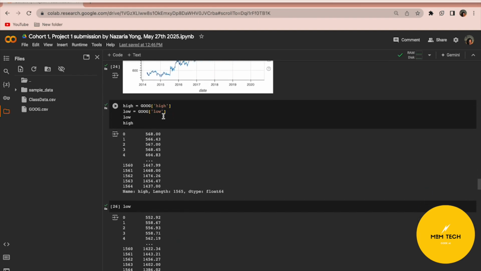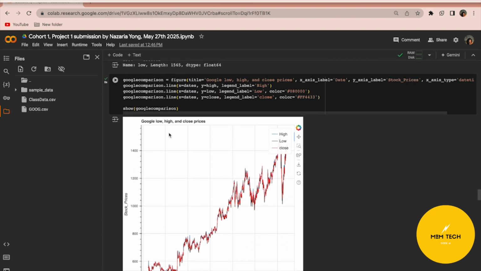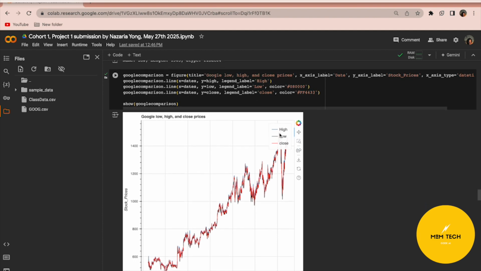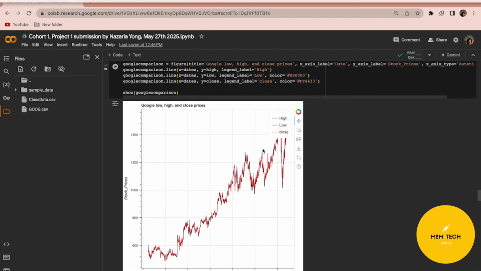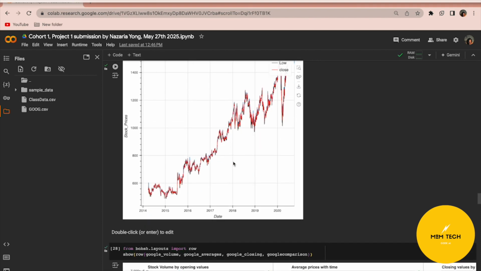I called up the low and high data, and now I plotted a figure with the 3 different stock columns, so the high, low, and close. And again, you can see the trend is just the same as the two above.